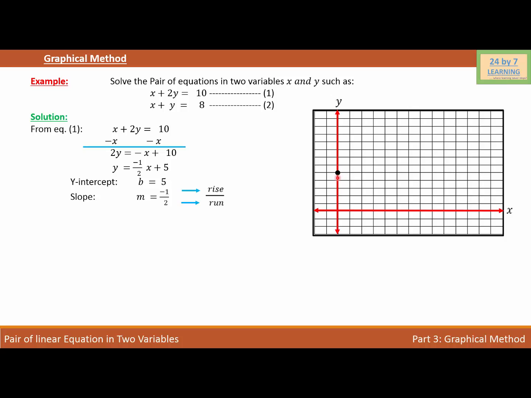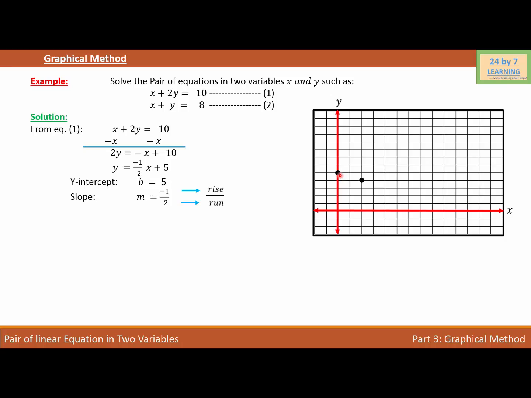That is my y-intercept. My slope m is equal to negative 1 over 2, and as you know, slope is rise over run, and the rise is negative. Rise is always along the y-axis and run is along the x-axis. So my rise is negative 1, so I will go 1 down from this point, and my run is 2 to the right because run is positive: 1, 2.